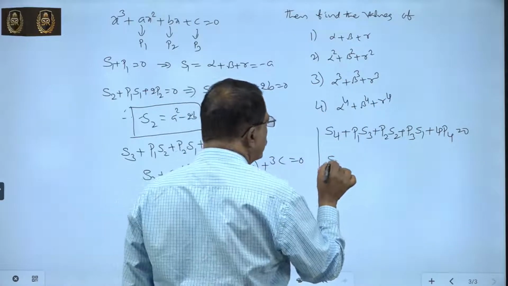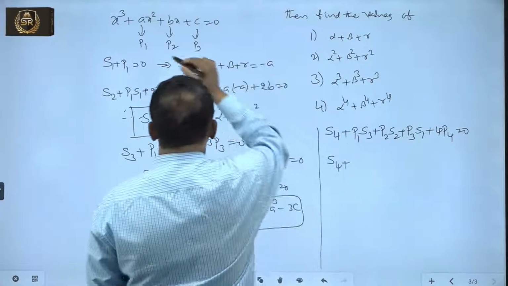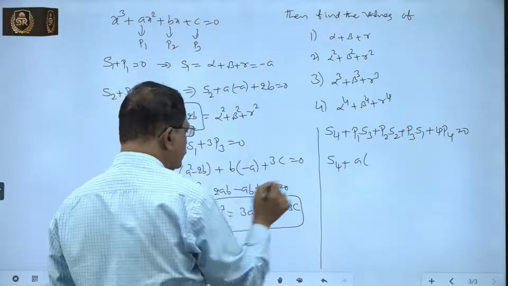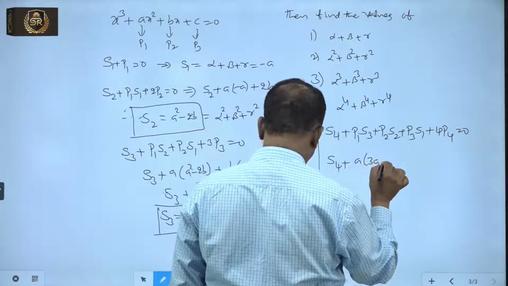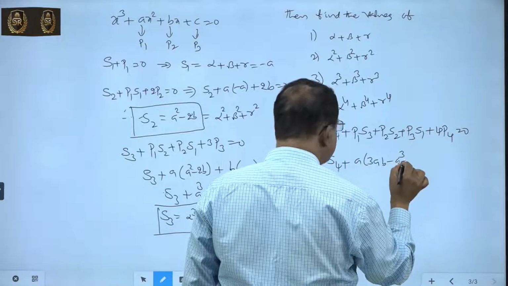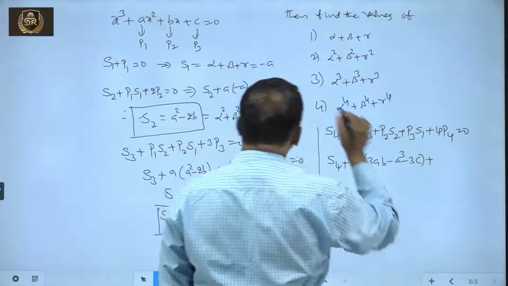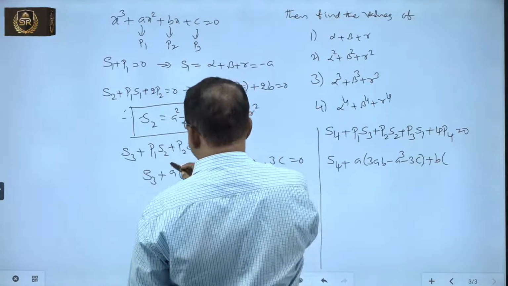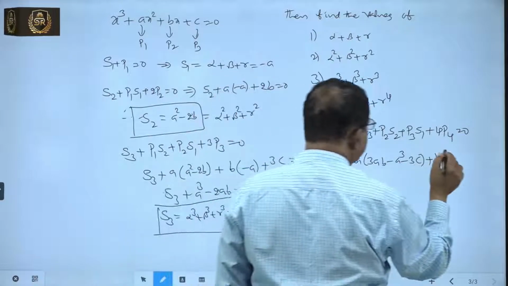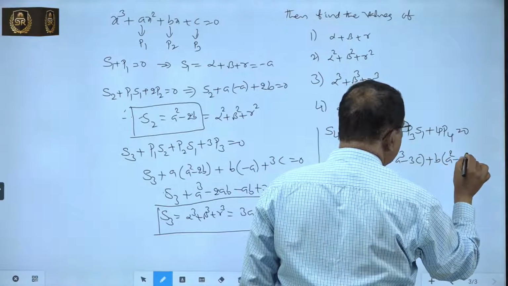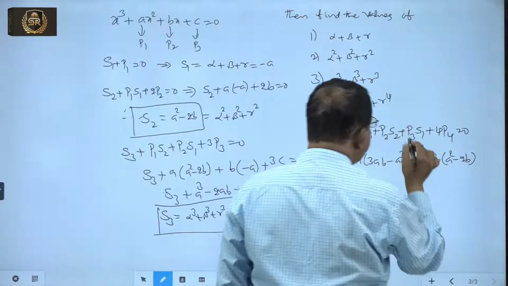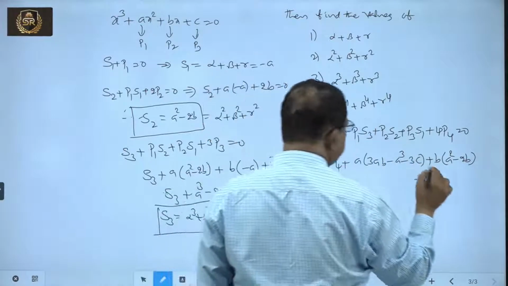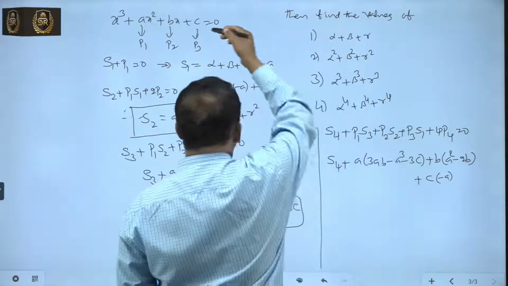Now S4 plus P1 equals A, and S3 equals 3AB minus A cube minus 3C, plus P2 equals B into S2 equals A square minus 2B, plus P3 equals C into S1 equals minus A, but there is no P4, so 0.